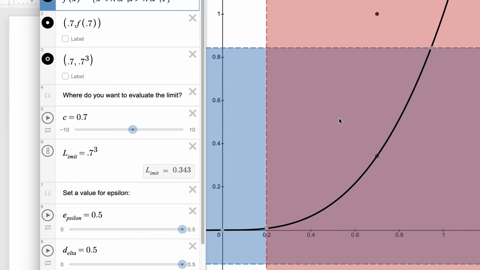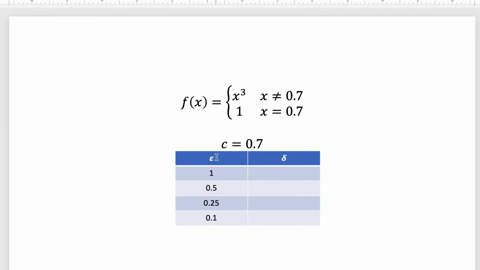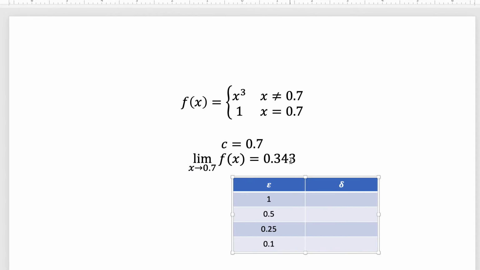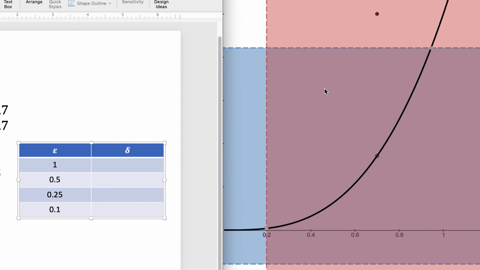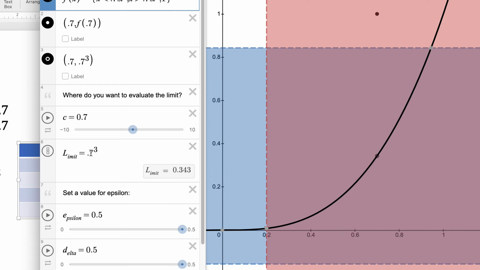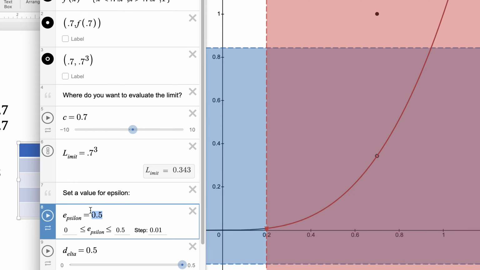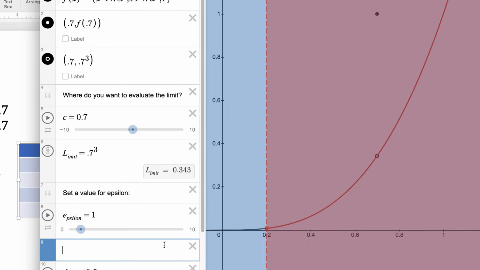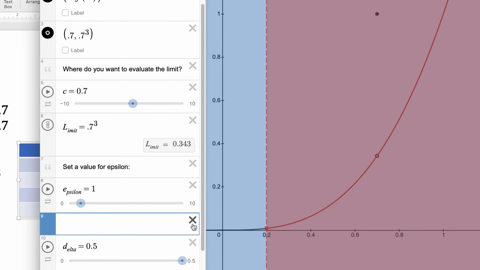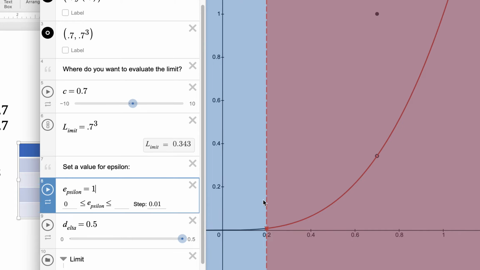And so I'm going to guess that the limit is this 0.343, which is 0.7 cubed, as x gets close to 0.7. So that's my guess. I got the 0.343 by looking at what I thought 0.7 cubed was. I'm going to start with an epsilon of 1 and a delta of, let's see, a delta of 0.5 doesn't work there.